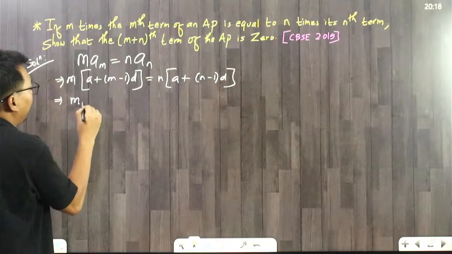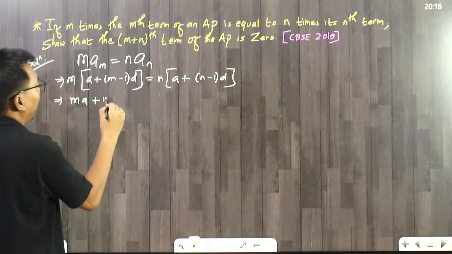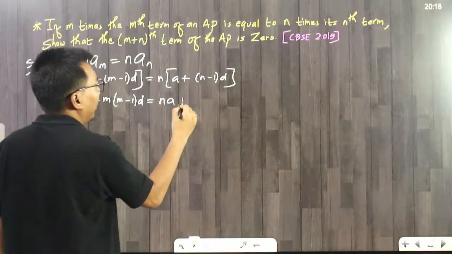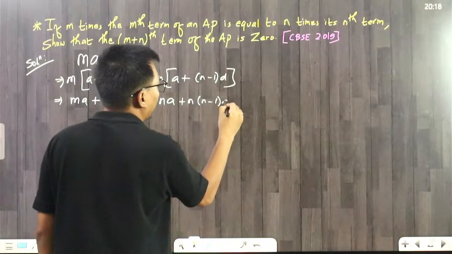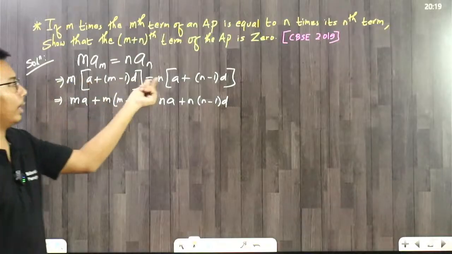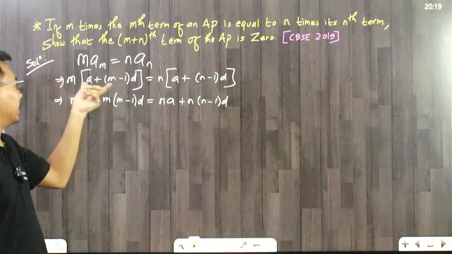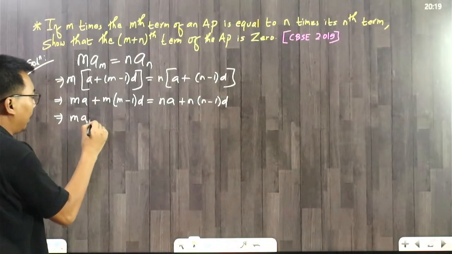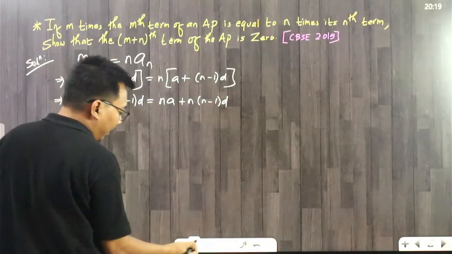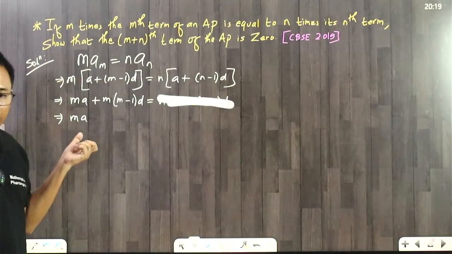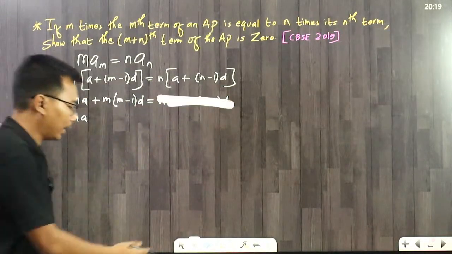Now, ma plus m into (m minus 1)d is equal to na plus n into (n minus 1)d. I multiplied the m inside and the n inside. Now let's bring all these terms towards the left hand side.